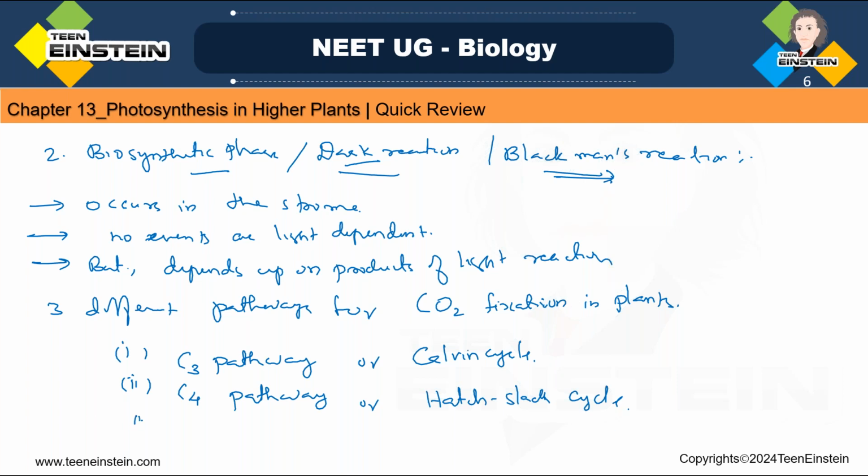Third one is CAM, crassulacean acid metabolism, or CAM pathway. These are the three different pathways for carbon dioxide fixation in plants.